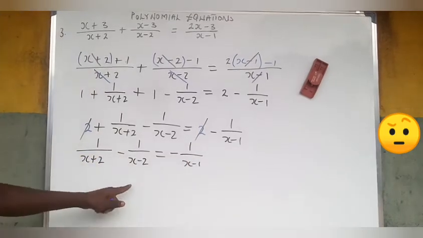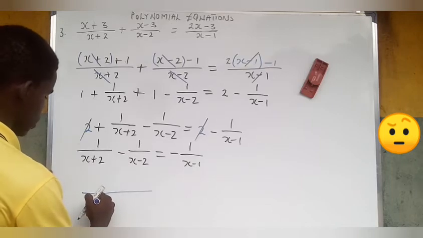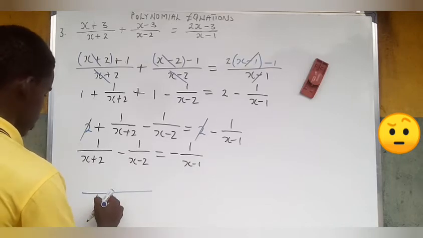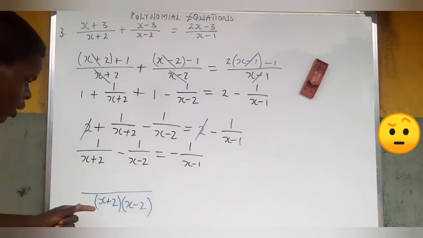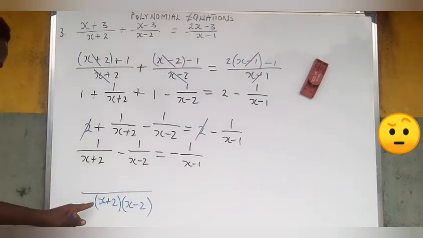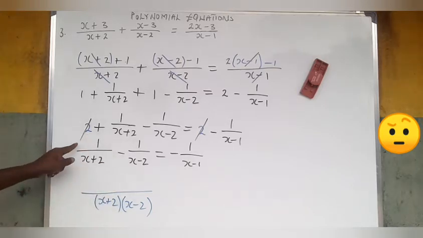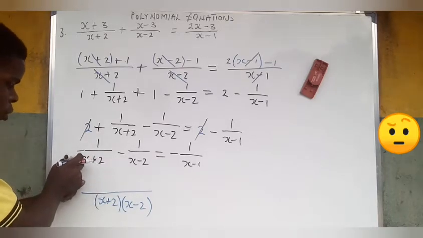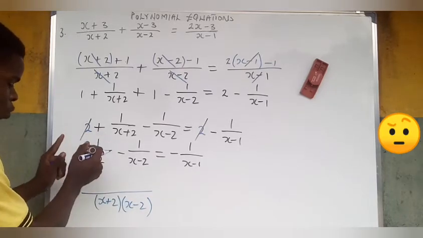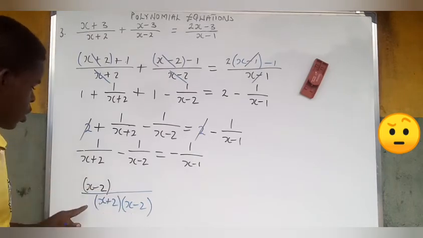Now here, let's take the LCM of the left hand side. Taking the LCM, we have x plus 2 and x minus 2. Now we do our normal evaluation. We divide the LCM by the denominator: for the numerator, that will be x minus 2 times 1, x minus 2.